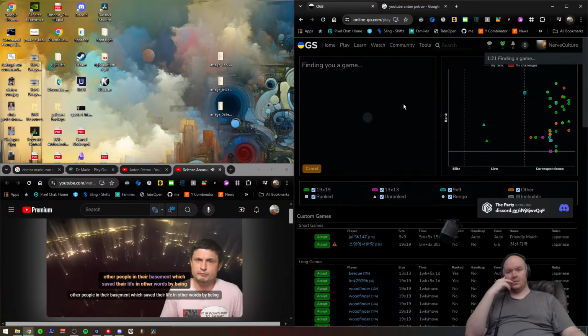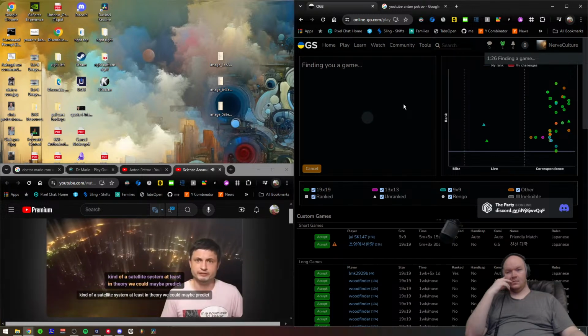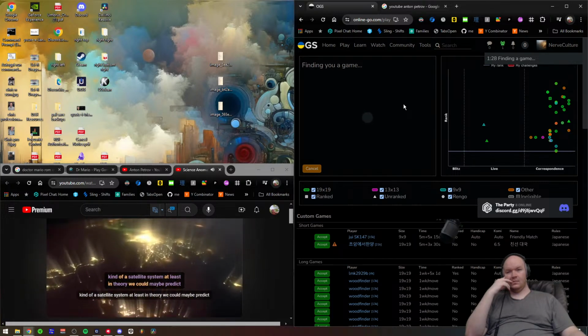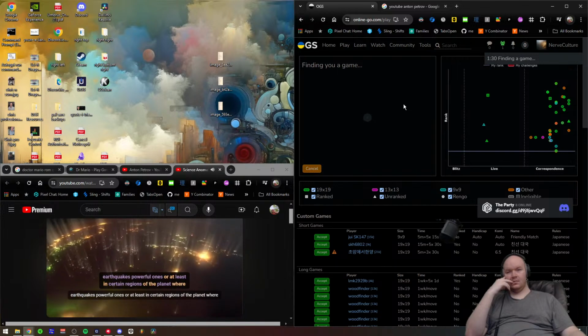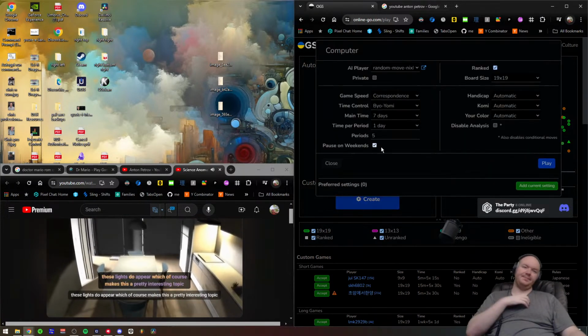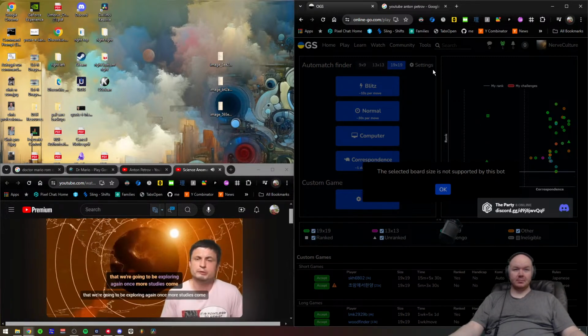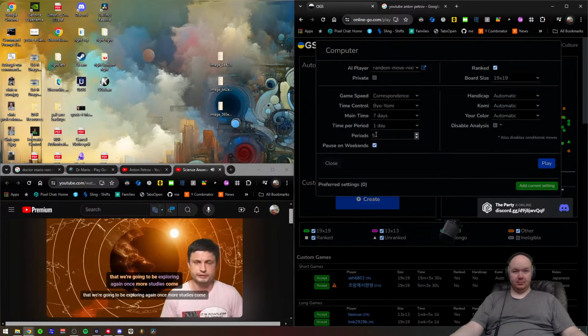In other words, by being able to somehow detect these lights across the planet, possibly using some kind of a satellite system, at least in theory, we could maybe predict earthquakes, powerful ones, or at least in certain regions of the planet where these lights do appear. Which of course makes this a pretty interesting topic that we're going to be exploring again once more studies come out.